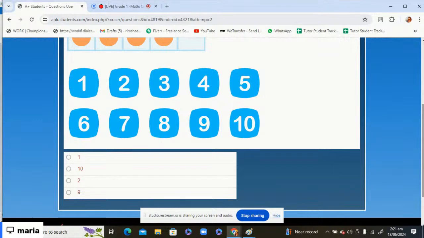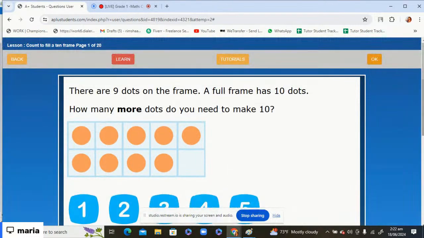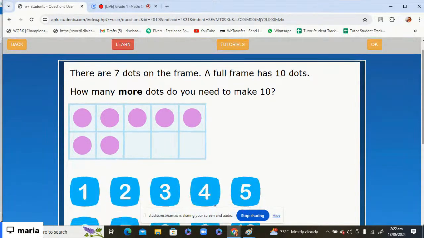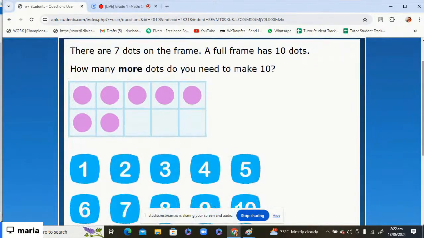So here we go with the option A, then click. Okay, this is our right. So now you guys tell me the answer of this one. How many dots are there? 7 dots are there, and the full frame has 10 dots. So how many more dots that you need to make 10? Think about it and then tell me how many blank spaces are there. First you count it out.